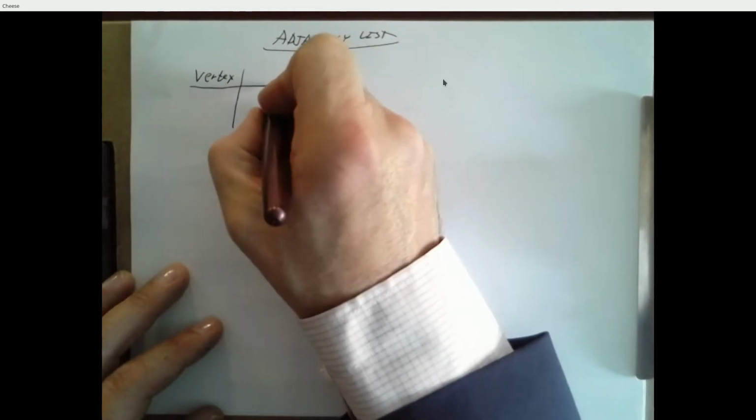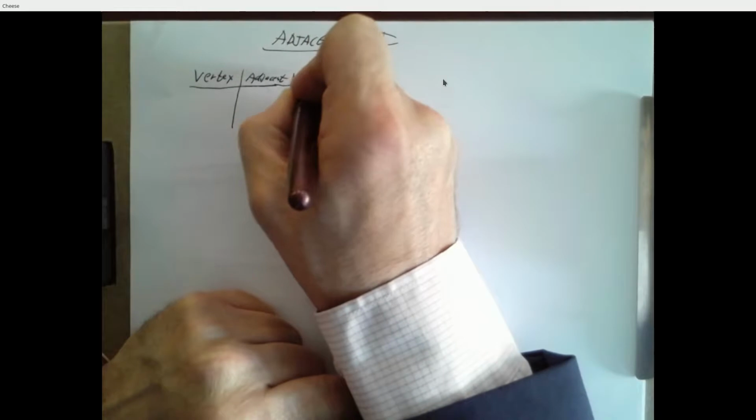And so this is a table where for each vertex we have a list of adjacent vertices. So let's make one graph to experiment with.